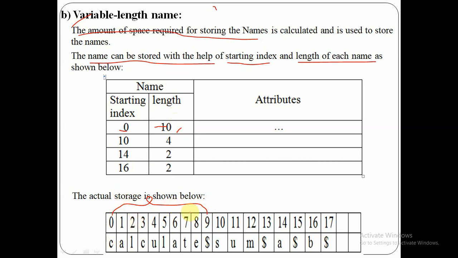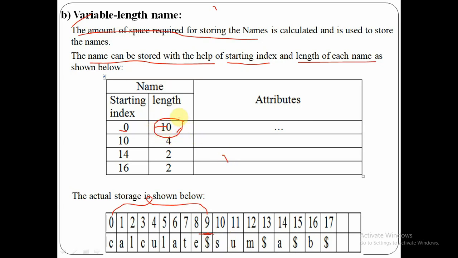Actually it occupies only 9 characters or 9 bytes, but one extra byte, one extra character is going to be assigned for each symbol name in the table to represent the end of the name. So it occupies 10 bytes, so its length is 10.